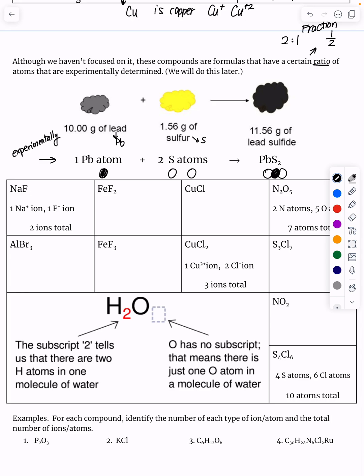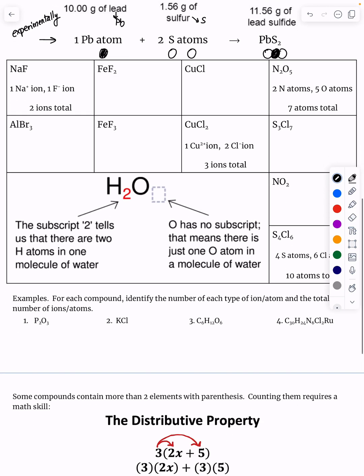Now, before we get into the lab, I want to make sure that we could count atoms and ions in formulas. So let's go back to some of the compounds and ionic compounds that we had earlier. Look at NaF. There is one Na ion and one F ion in this compound. There's two ions total.